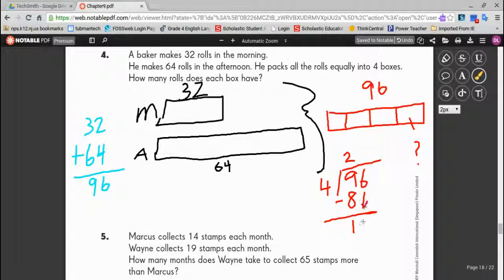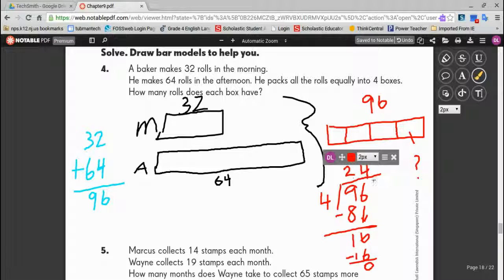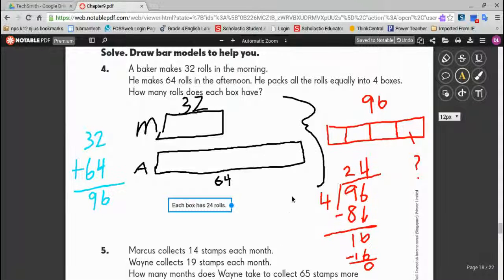Bring down the 6. 16 divided by 4 is 4. 4 times 4 is 16. And then we take that away and we've got 0. No remainders. So each box has 24 rolls. Let's write that into a sentence. Each box has 24 rolls.